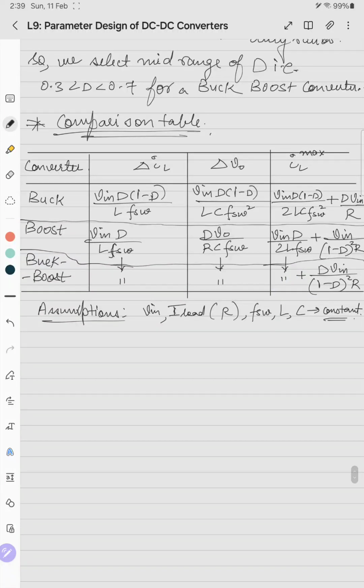IL max defines the peak amount of current which can pass through the inductor. While designing an inductor, we should take into consideration many things. One of them is the peak current. Then we also consider the type of core we need, ferrite core, sendust core, then the shape of the core, toroidal core, EE core, then the window product.